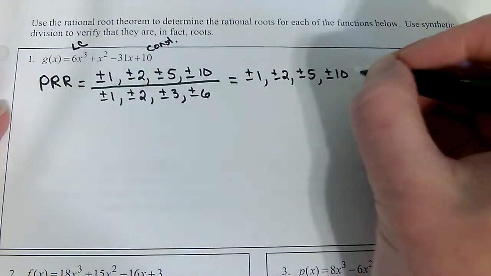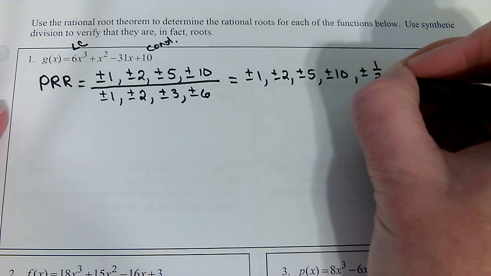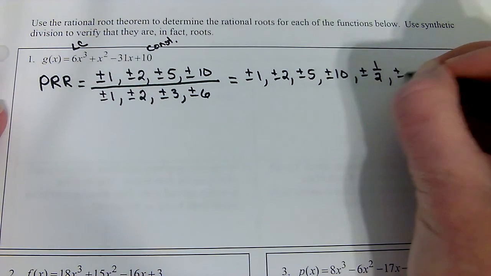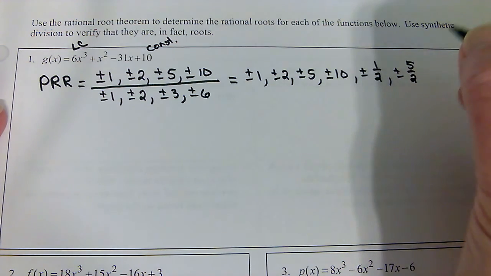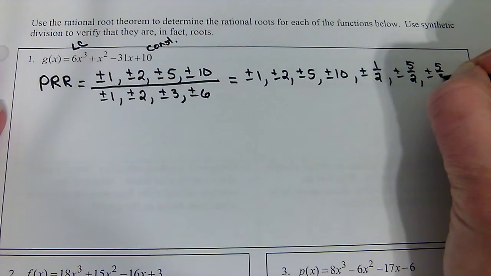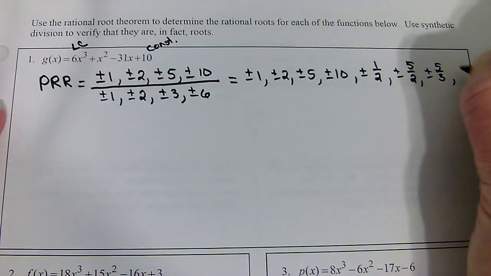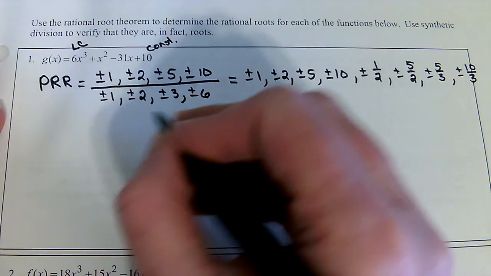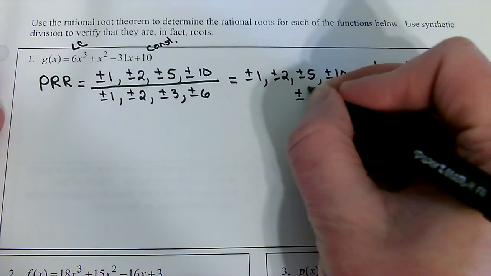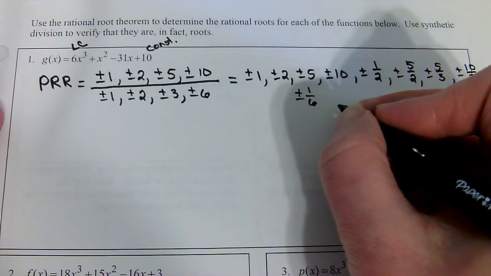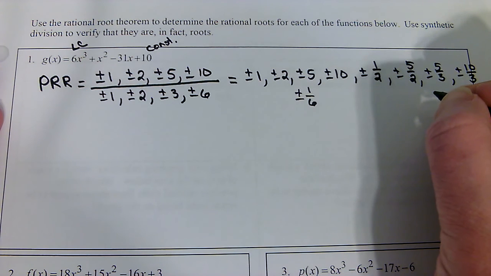Now the fractions. 1 divided by 2, 2 divided by 2, 5 divided by 2, 5 divided by 3, 10 divided by 3, then divide by 6, so plus or minus 1 over 6, 2 over 6, whoops, I missed one somewhere.